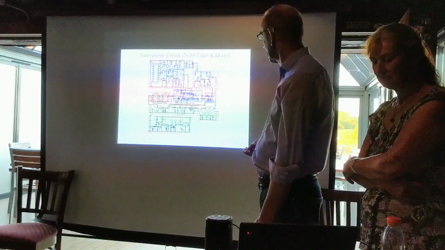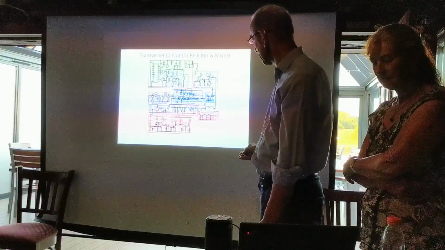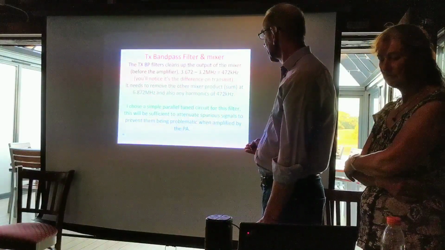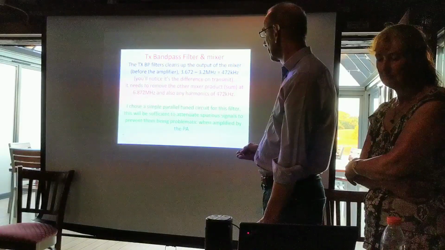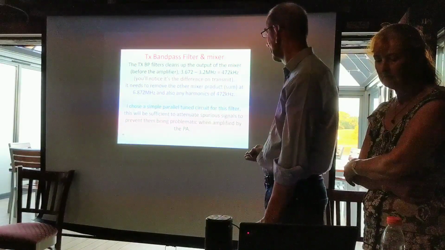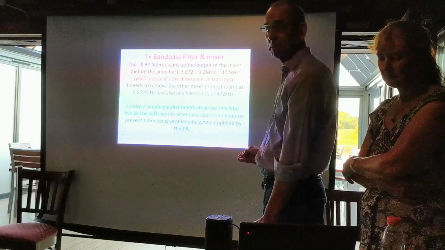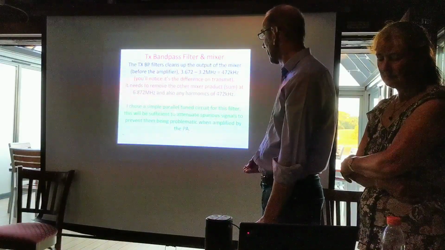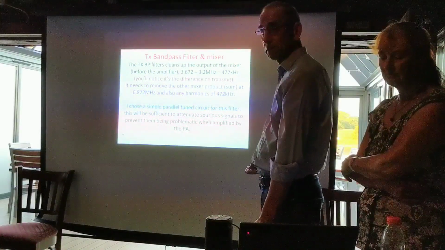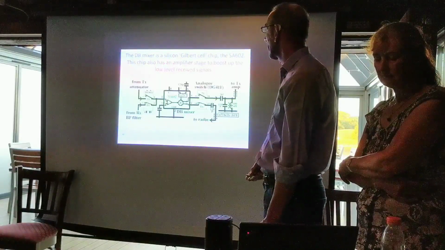Okay, now the transmit bandpass filter and this double balanced mixer circuitry. The transmit bandpass filter is there to clean up the output of the mixer. As I said before, you get two outputs from that mixer the way we're mixing it, and the other one will be at 6.8, so it doesn't actually have to be a terribly good filter to get rid of that. I chose a simple parallel tuned circuit, and that's sufficient to get rid of the spurious signals.